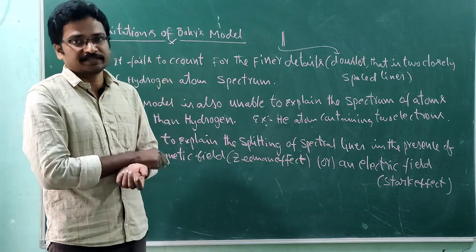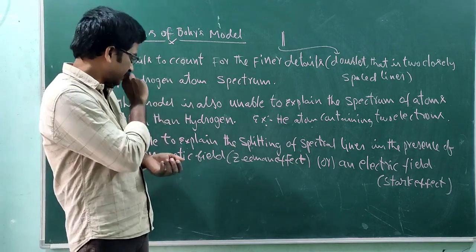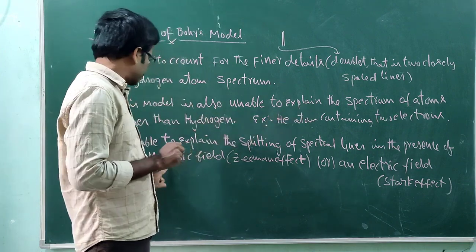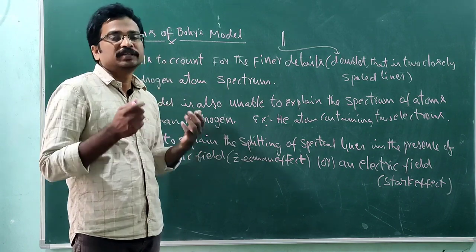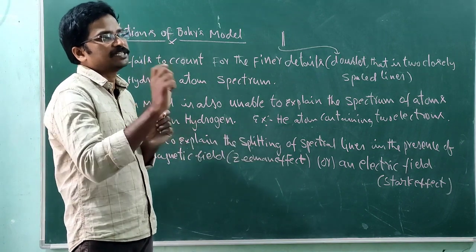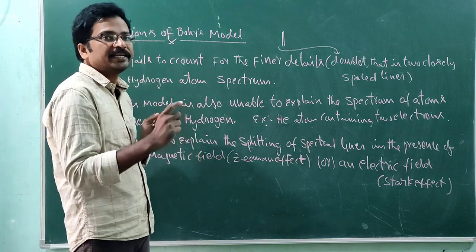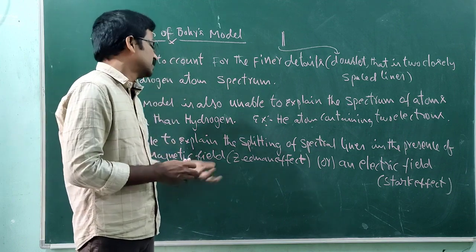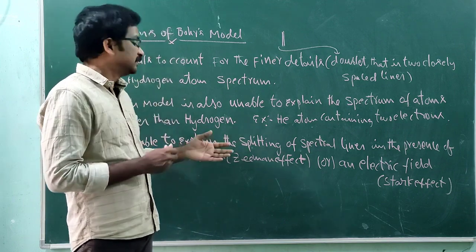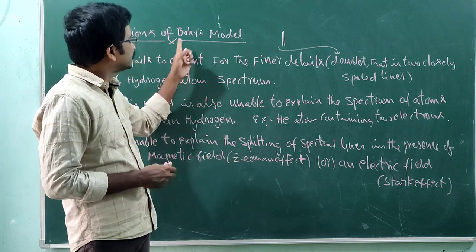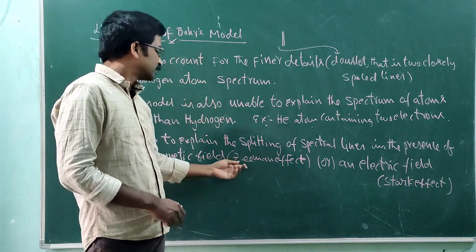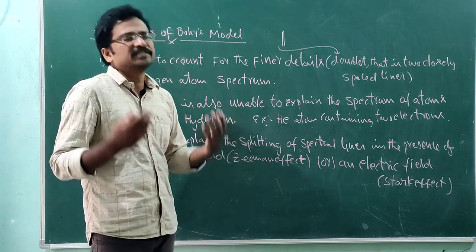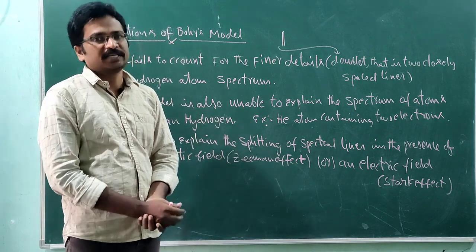This splitting is the Zeeman effect, and it is not explained by Bohr theory. It cannot explain why spectral lines split in a magnetic field.